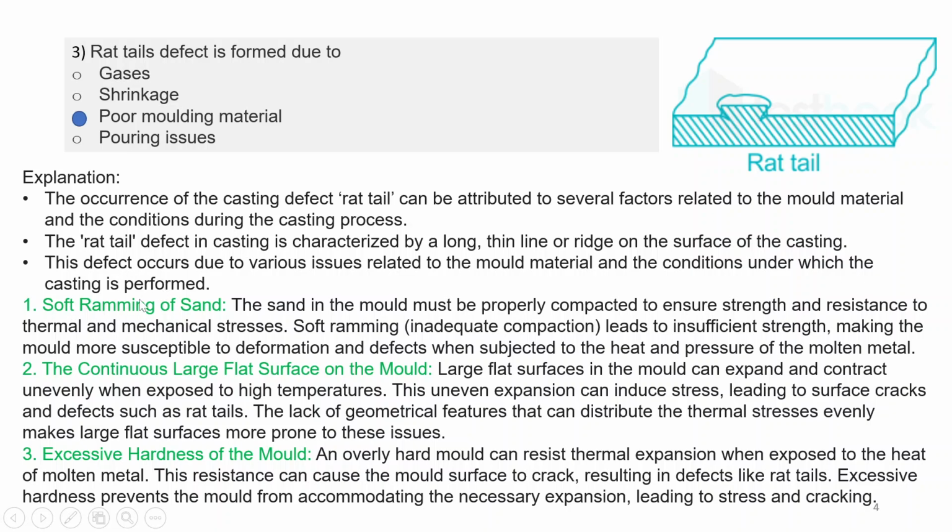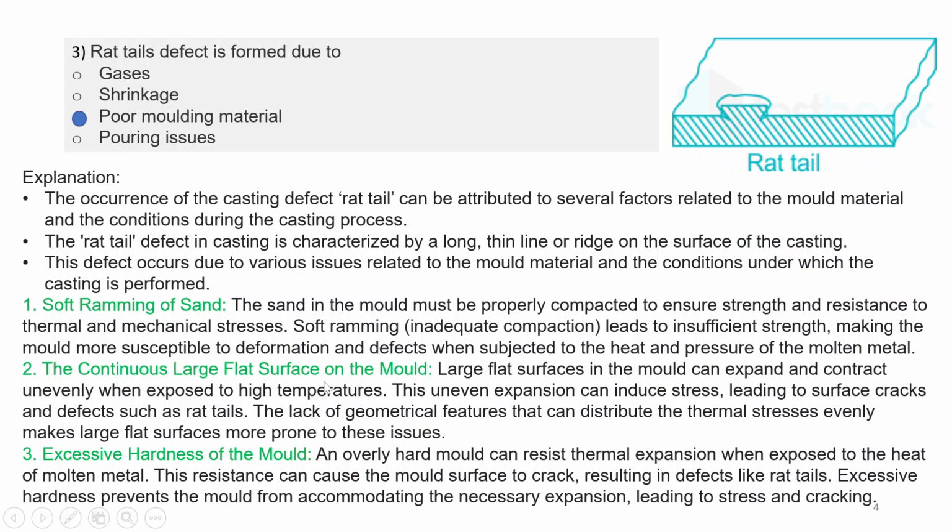First is soft ramming of sand. The sand in the mold must be properly compacted to ensure strength and resistance to thermal and mechanical stresses. Soft ramming or inadequate compaction leads to insufficient strength, making the mold more susceptible to deformation and defects when subjected to the heat and pressure of the molten metal.